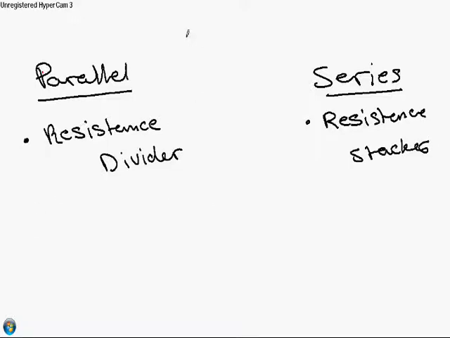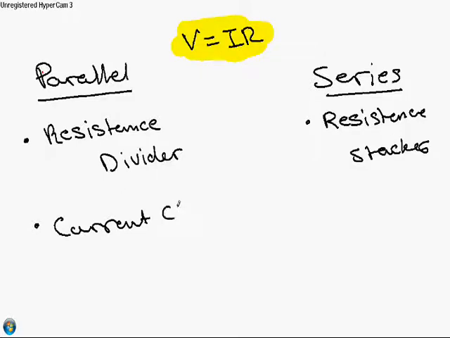Now, if we go back to Ohm's law, which is going to be very important, hail Ohm's law. We keep highlighting that until you remember. We're going to talk about current. Now, when you talk about resistors in parallel, current changes, whereas in series, current is constant.